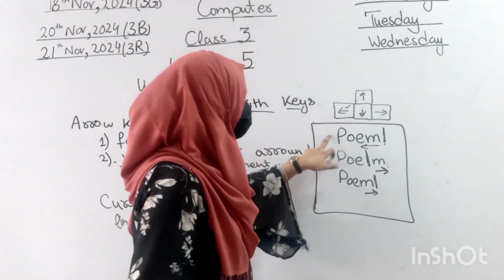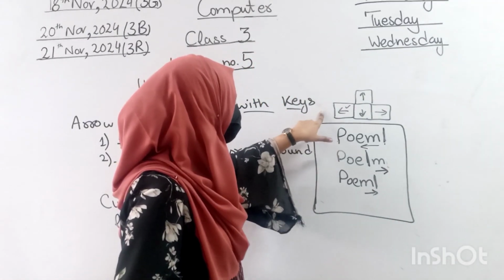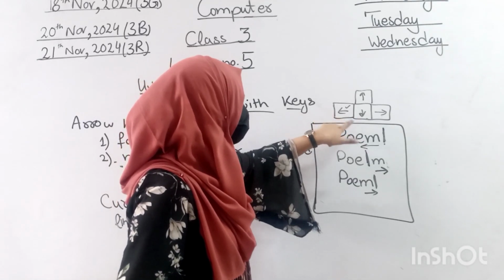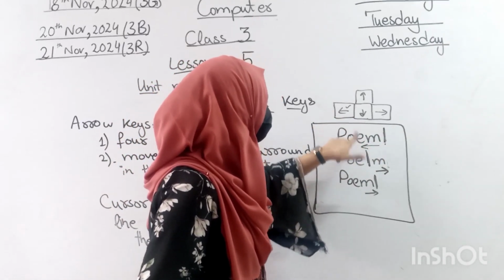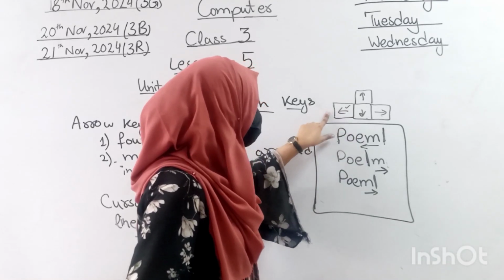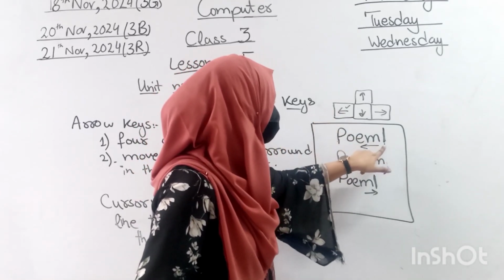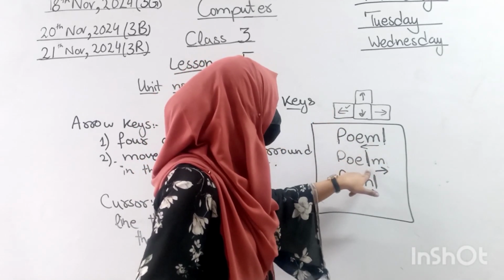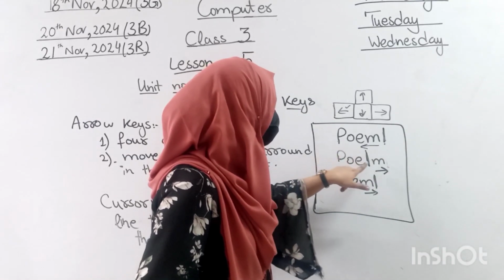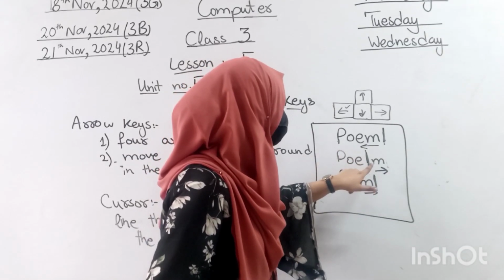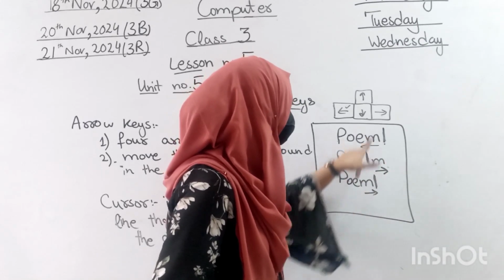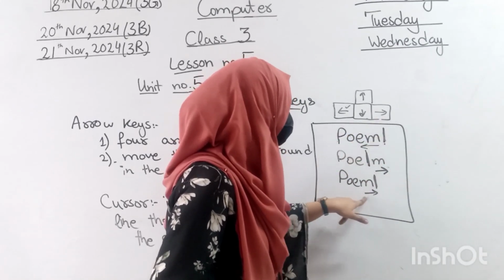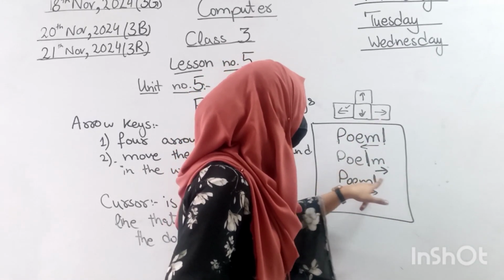So this is the function of arrow keys: if you want to move the cursor from right side to the left side, you will click on left arrow key and the cursor will be moved from this side to this side. And if you want to move the cursor from left side to the right side, you will press the button of right arrow key and the cursor will move from left to right.